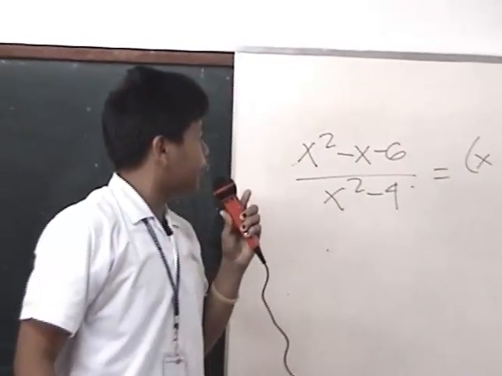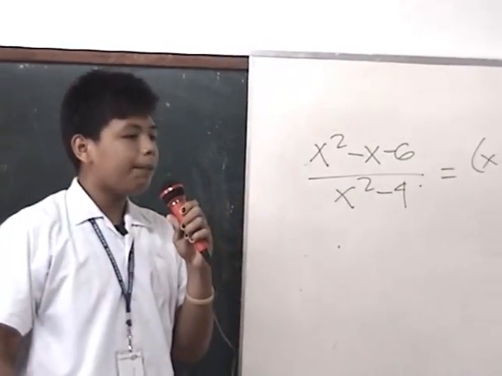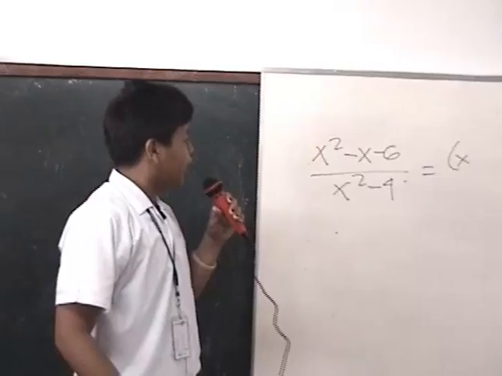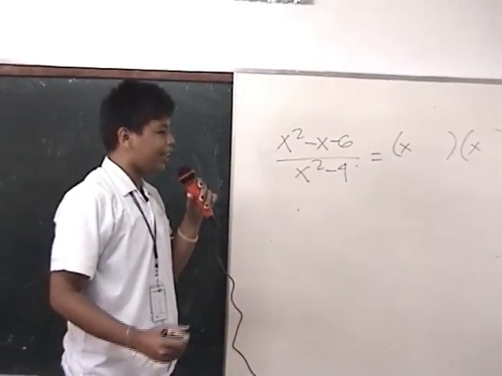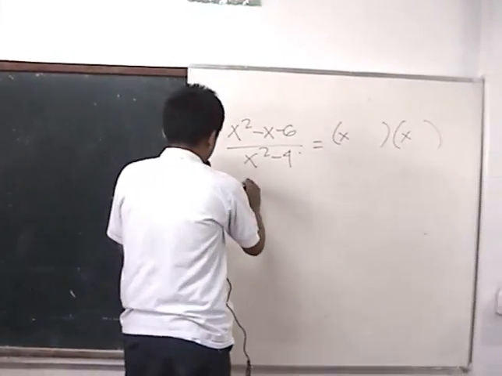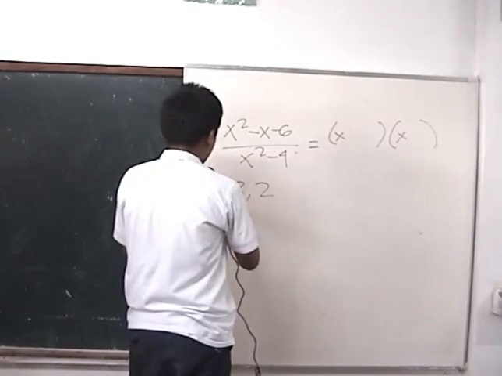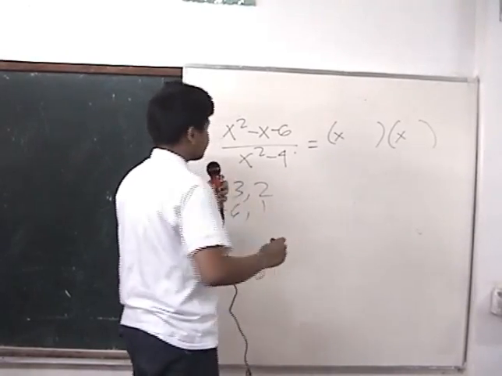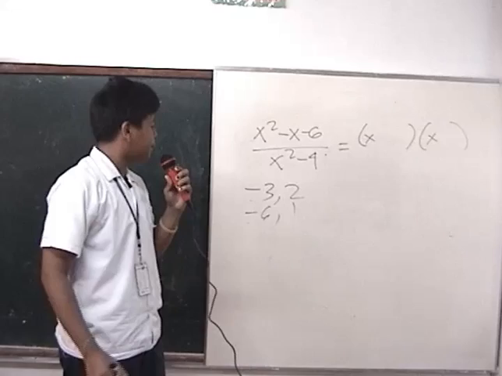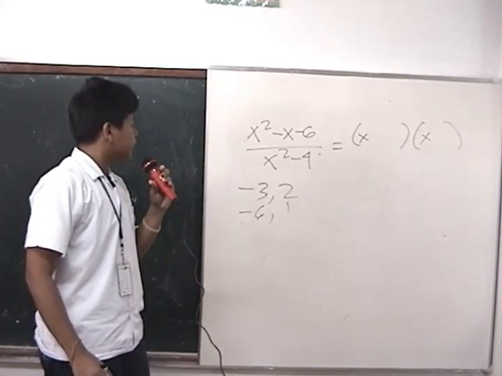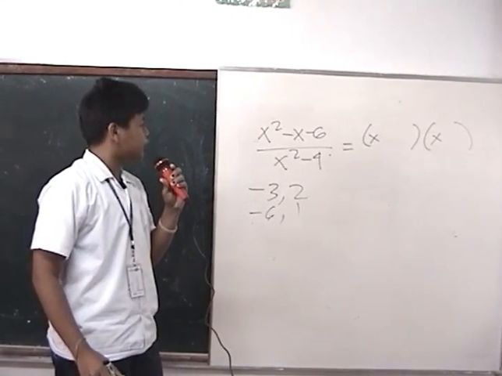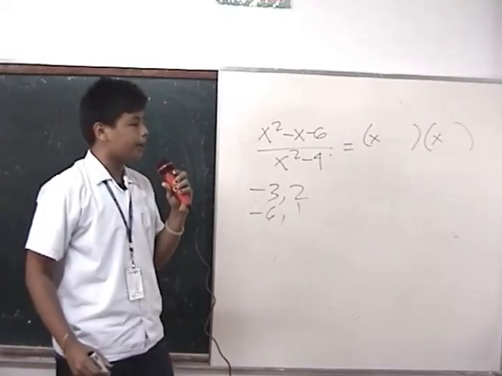The next step is to find the factors of the last term. The possible factors of the last term are negative 3 and 2, negative 6 and 1. And I choose negative 3 and 2 because when they sum up, the answer is the middle term, negative x.